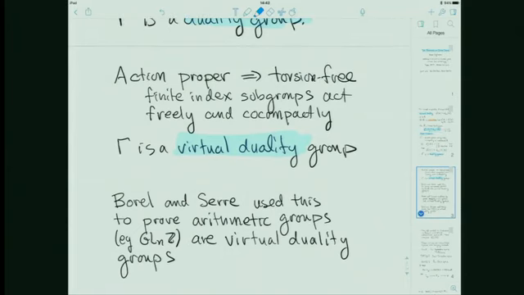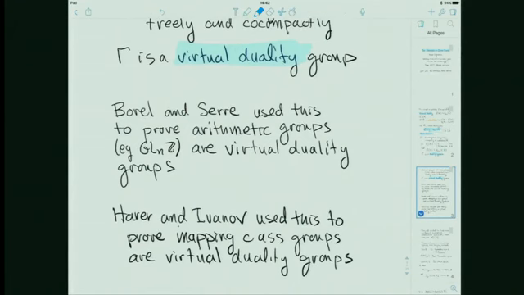Well, the last talk was really appropriate to see just before this talk. So Borel and Serre used this criterion, getting a proper co-compact action on a nice space, to prove that arithmetic groups and S-arithmetic groups are virtual duality groups. Harer and Ivanov used this strategy to prove that mapping class groups are virtual duality groups.